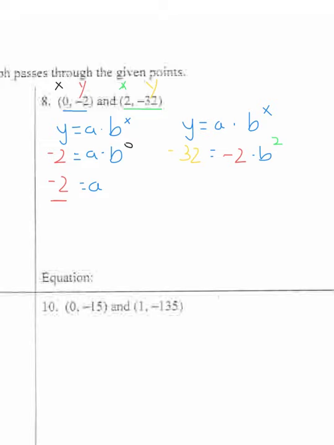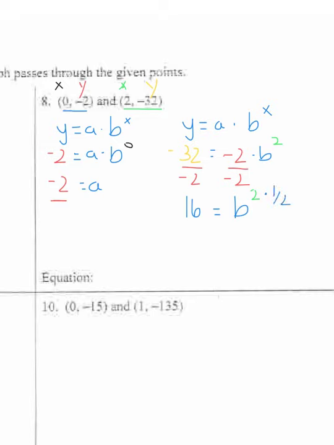Alright, we want to get b squared by itself, so we're going to divide by negative 2 on both sides. So negative 32 divided by negative 2 is 16, equals b squared. You could take the square root of both sides to get rid of the square, but I like to just get in the habit of multiplying by the reciprocal. So the reciprocal of 2 is 1 over 2.